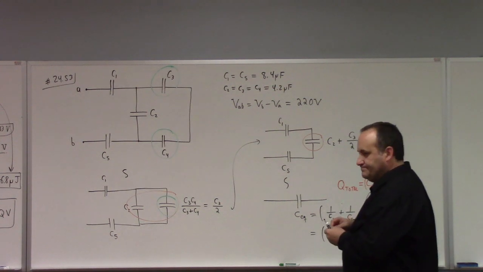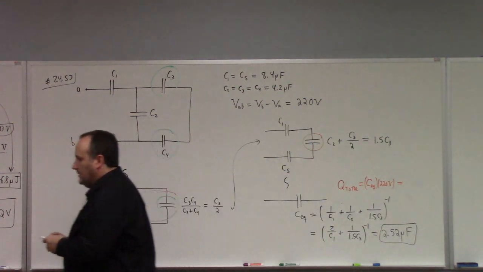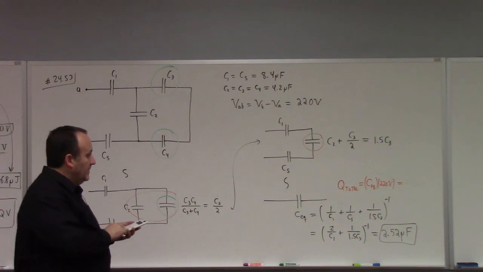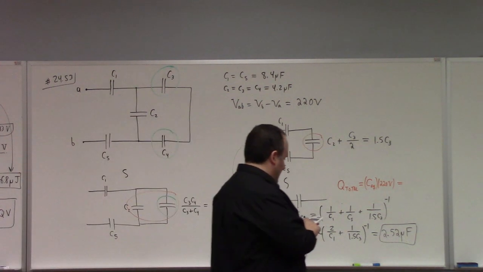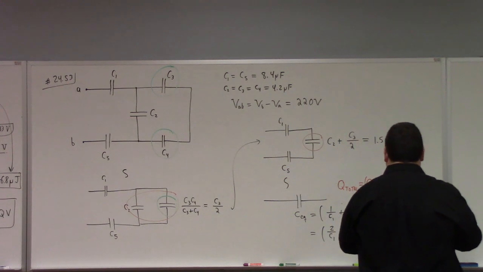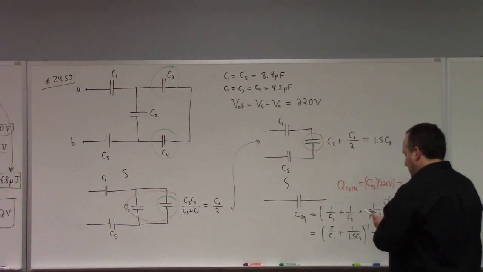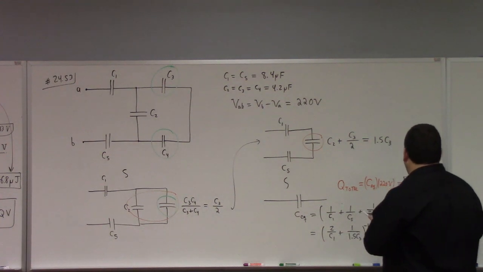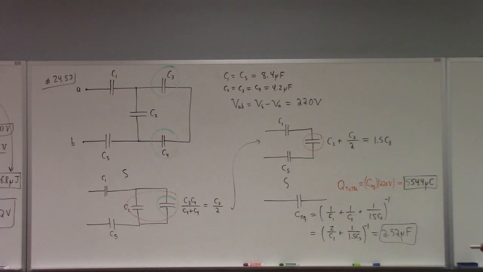And that will give me what? I believe I get 554.4 microcoulombs, right? Are we good?